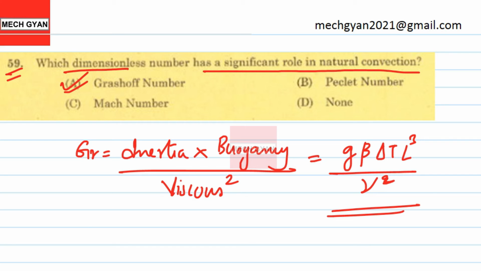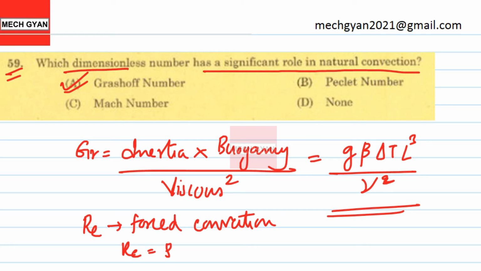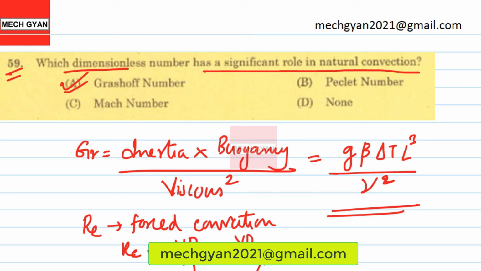For forced convection, it is the Reynolds number, and the formula is given as rho V d by mu, or V d by nu.